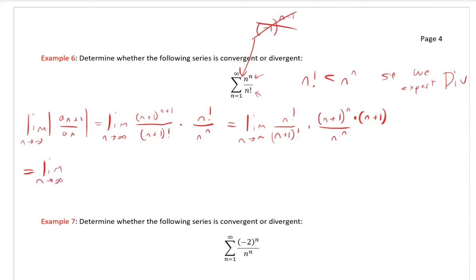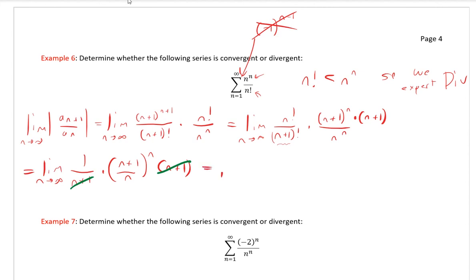That will allow us to reevaluate this limit. N factorial over n plus 1 factorial. We showed before that there's only going to be one term left over from n plus 1. So we're going to have 1 over n plus 1 times, in this case, n plus 1 divided by n to the n power times n plus 1. This n plus 1 and that n plus 1 will cancel out.